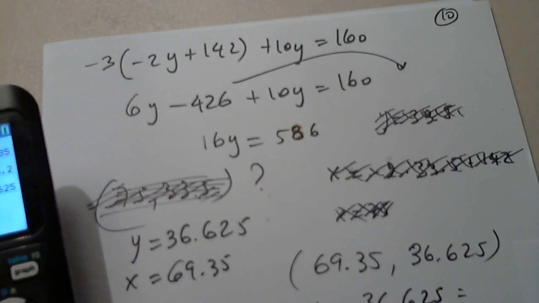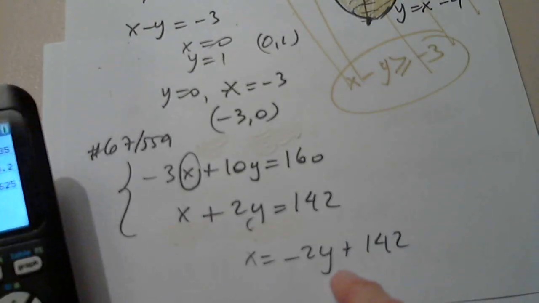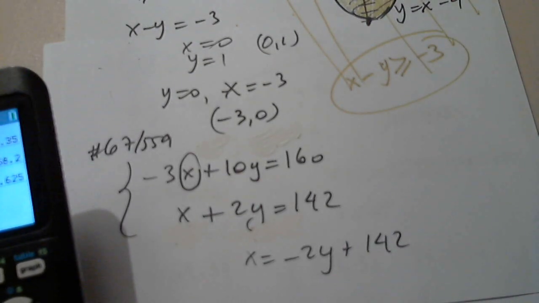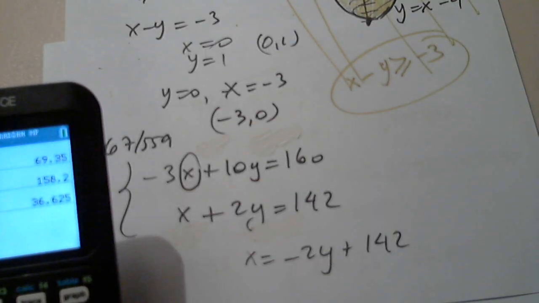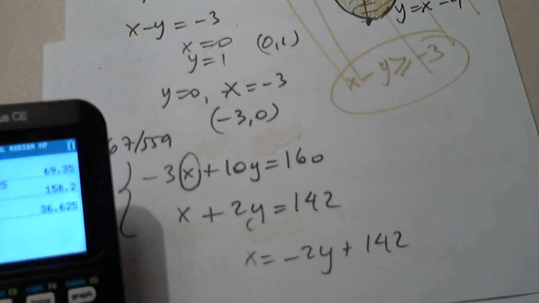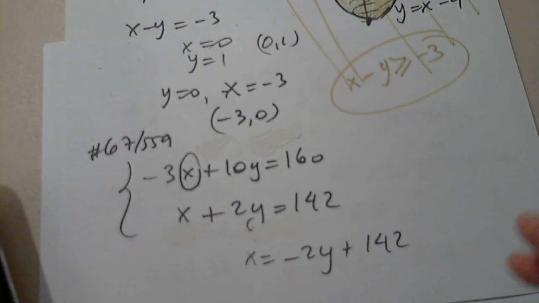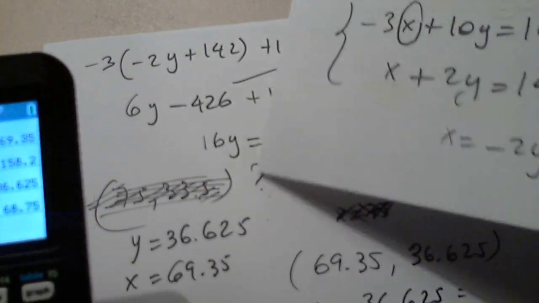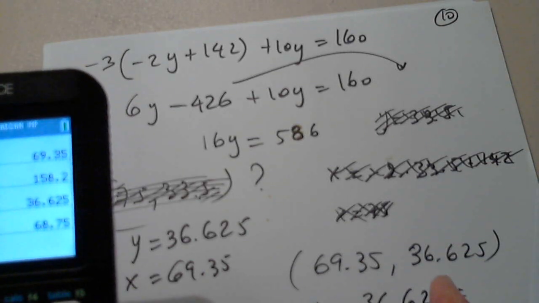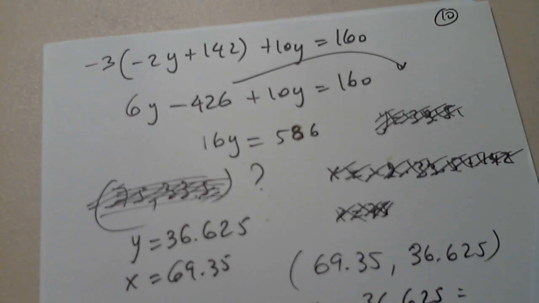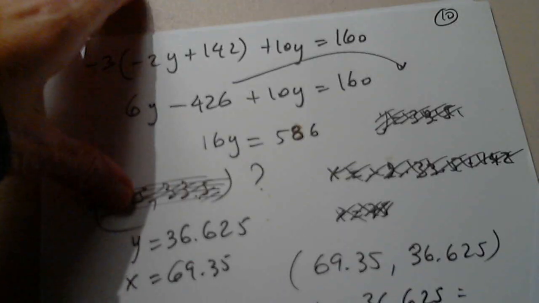Okay, and now I'm checking this. So times negative 2 and plus 142. How did I get this? Never mind. I have to start from scratch.